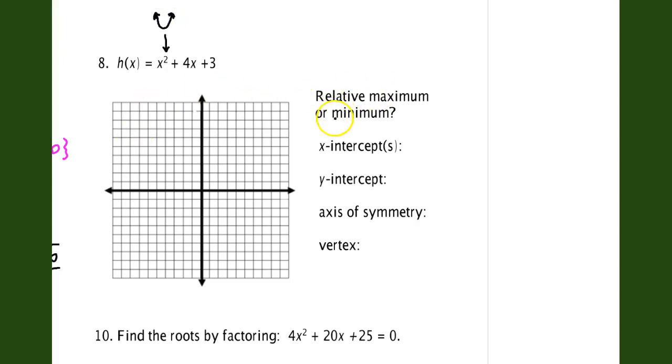Now to find out all these different pieces of information, we're going to have to do several things. Okay, the first one we'll do is actually the y-intercept, because we can tell just by looking here that 3 is a y-intercept. So when it's in this format, the y-intercept is usually given to us. So we know the graph will cross at 3. Somewhere on the graph, nowhere special, just somewhere on the graph will be 3.